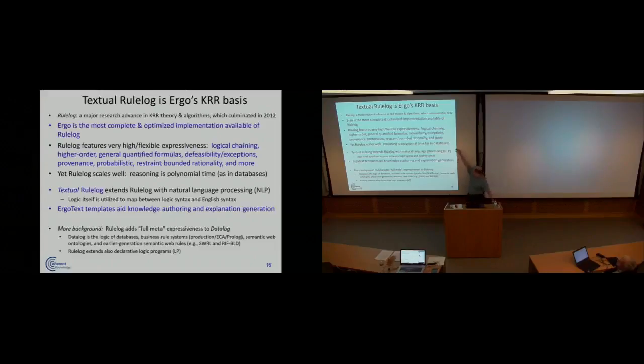There's a list of some of the different expressive features, and it has these templates that aid this hybrid style of natural language and are used not only in the authoring of knowledge, but also automatically in the explanation generation.